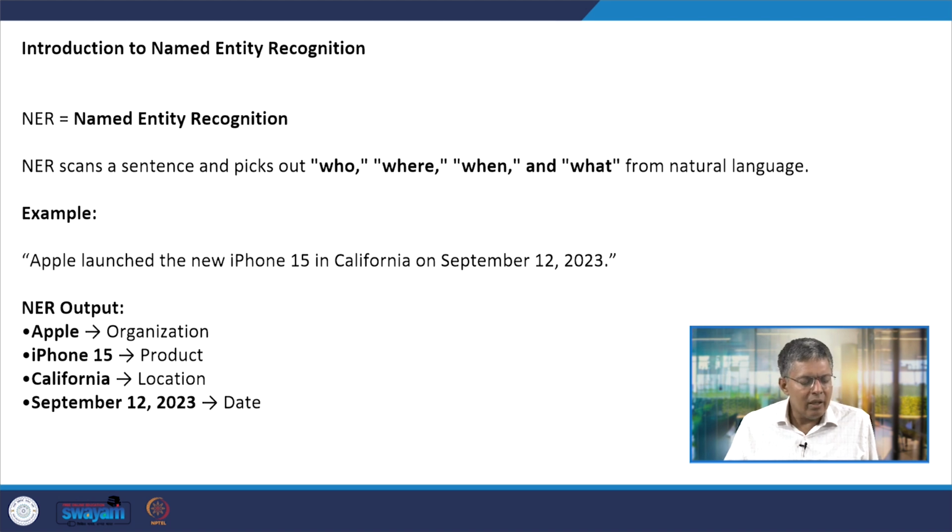So, let us say this one, the statement is: Apple launched the new iPhone 15 in California on September 12, 2023. Now, the NER output will be Apple organization, iPhone 15 the product, California the location, September 12, 2023 the date. Had it given more, like was launched at a price tag of this much, then that would have been price as a new entity. Okay.